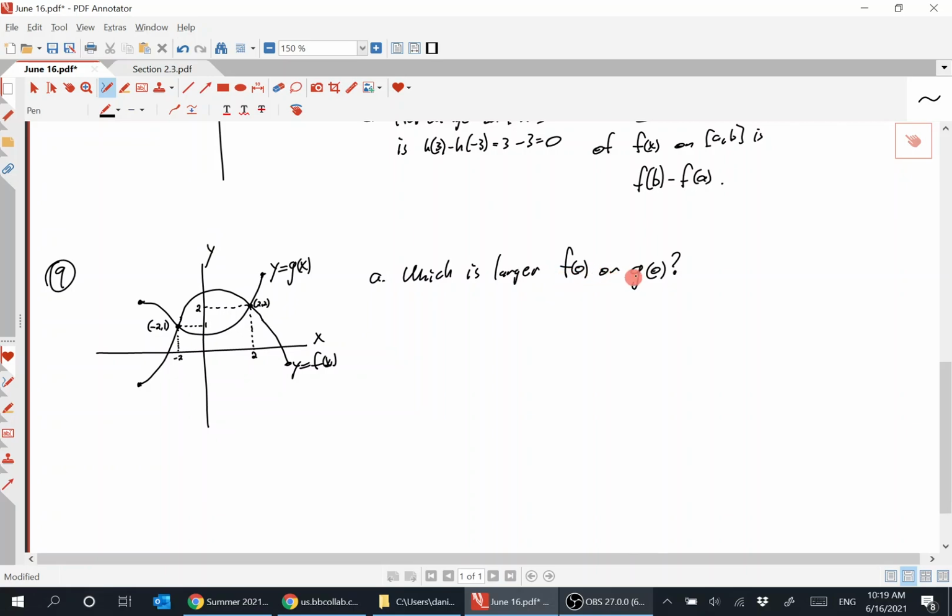The value of the function f and g is on the y-axis. And at 0, that's at the origin, the larger one is this one here, and that's f. So f of 0 is like 3, and g of 0 is 0.75 or something like that.